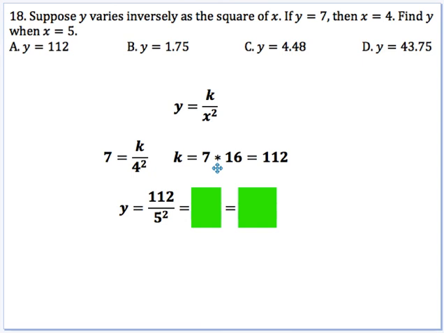So watch what you replace with what. So here your k is going to be 112, because we found out that's what it equaled. And then we're plugging in 5 squared for x, or 5 for x, and we're squaring it, and solve for y, okay? So that equals that. We are going to reduce it, and we get approximately 4.48. So it would be this answer here.